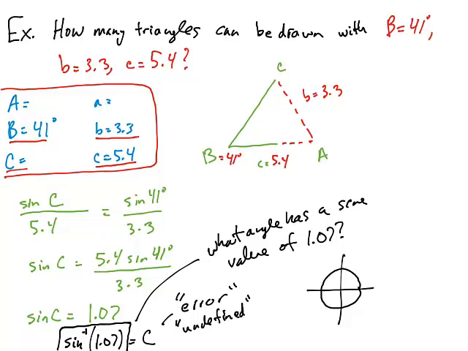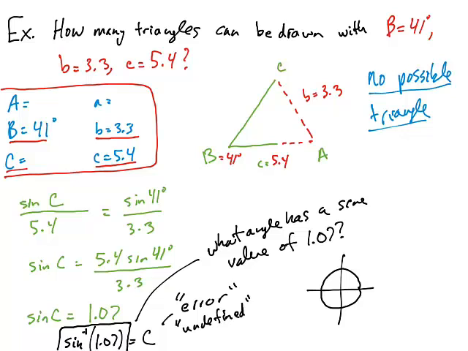It doesn't equal 1.07 anywhere. The largest value for sine we ever get is 1. Because we get this error message, this tells us that there is no possible triangle that can be created. So the solution here we would say is no possible triangle.